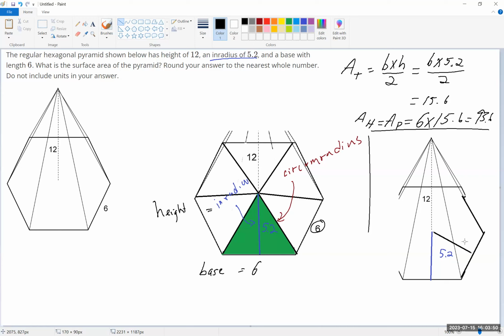So that's also 5.2. Maybe like clear blue. Okay, so why do we need that? It's because there's another piece that we need. No, we want that one to be blue. There's another piece that we need. Come on. Which is from here to here. I'm going to color that red.